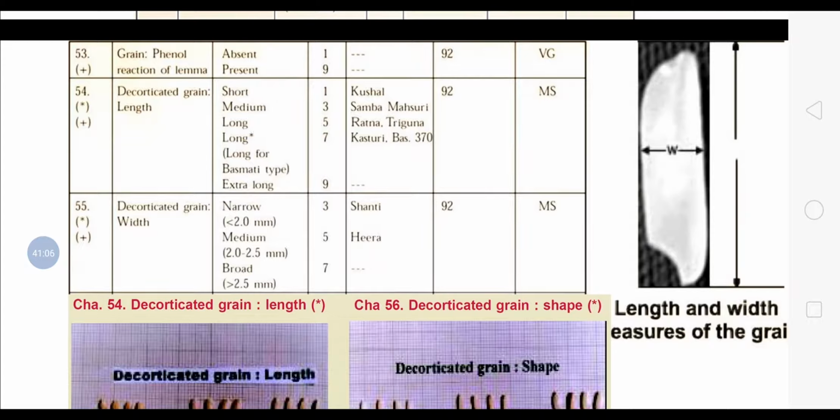Its length is taken as short, scored as 1, medium as 3, long as 5, long Basmati type as 7 and extra long as 9. For short type, example is Kushal, medium is Samba Mahsuri, long is Ratna and Triguna, very long is Kasturi and Basmati 370.